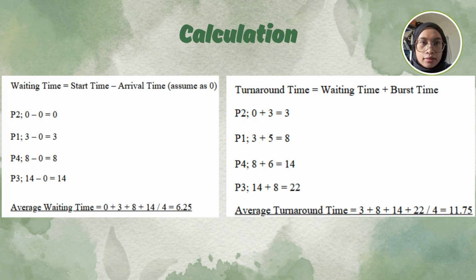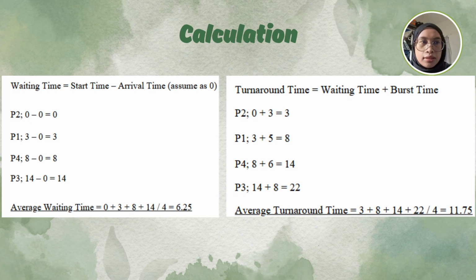P4 is 8 minus 0 equal to 8, and P3 is 14 minus 0, we have 14. For the average waiting time, we have 0 plus 3 plus 8 plus 14, divided by 4, we have 6.25. And next is the turnaround time.